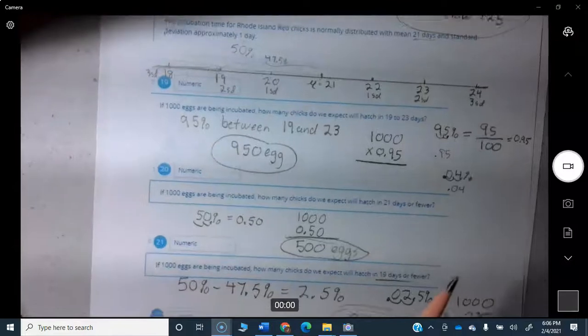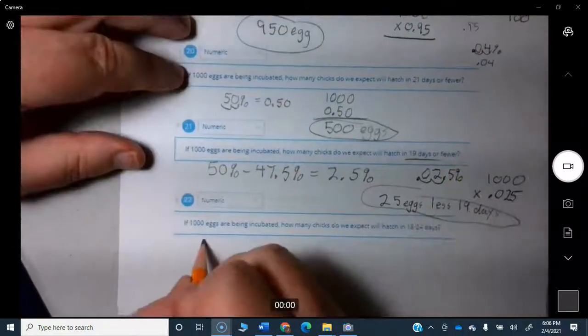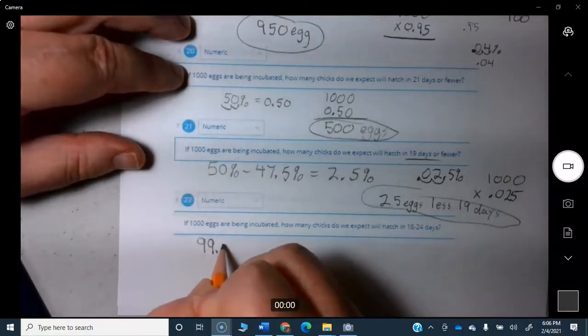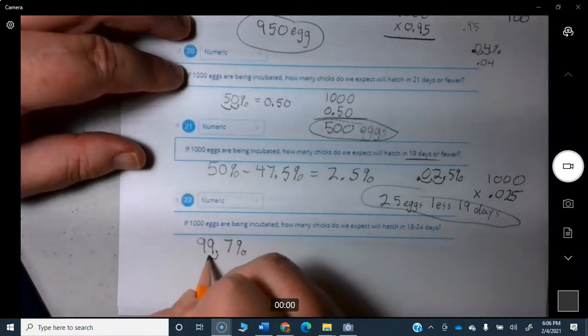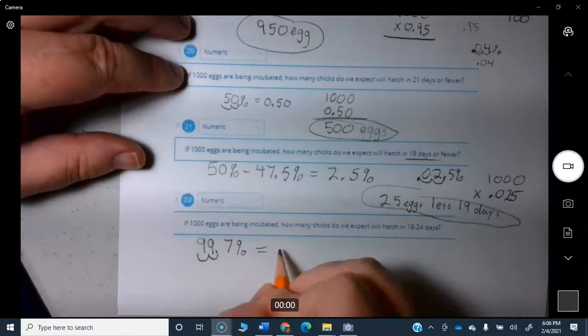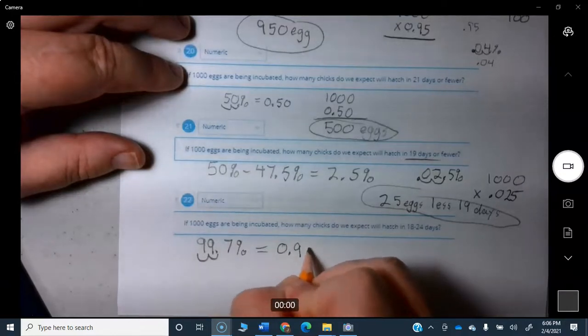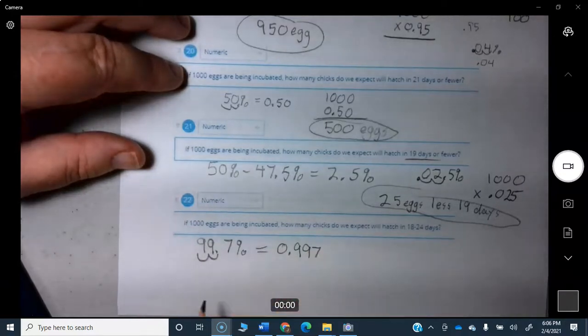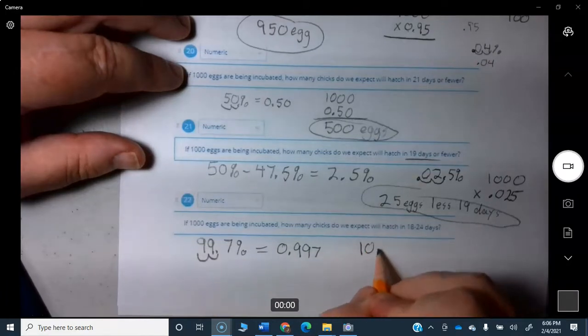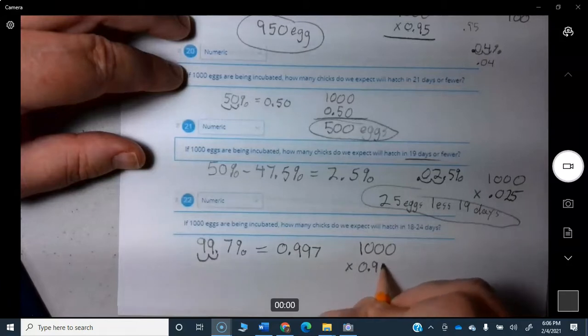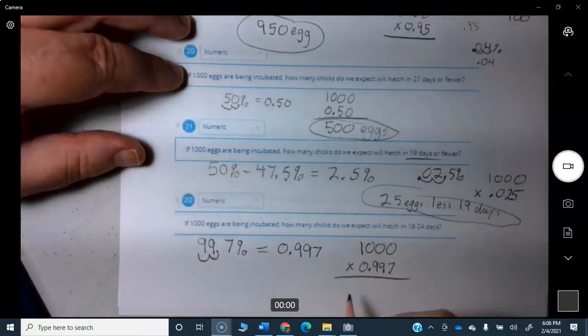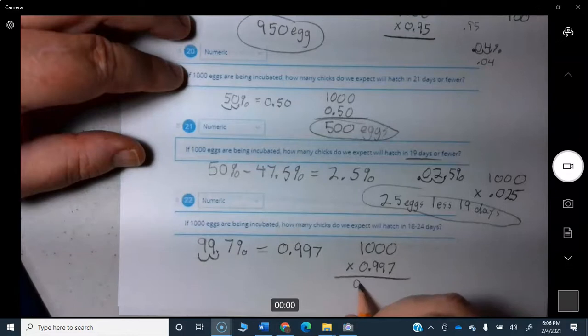So let's just do our little percent shortcut. 99.7 are going to be between those two numbers of days. Okay, I'm going to move the decimal over 2 places. So that equals 0.997. So now we have to multiply that by 1,000. Okay, and if you do that on your calculator, you get 997. Almost all of them.